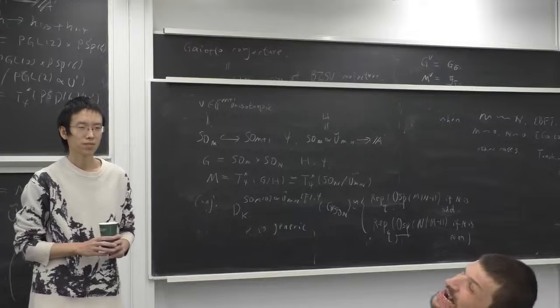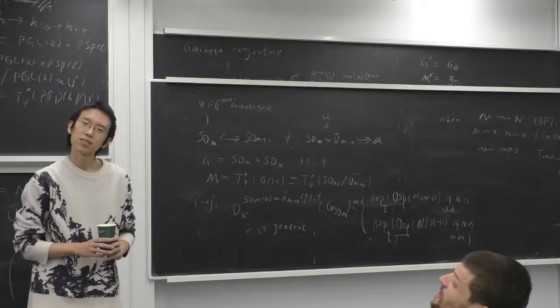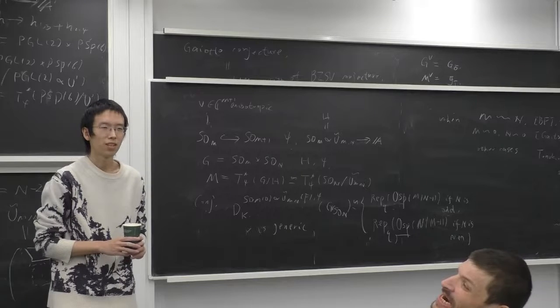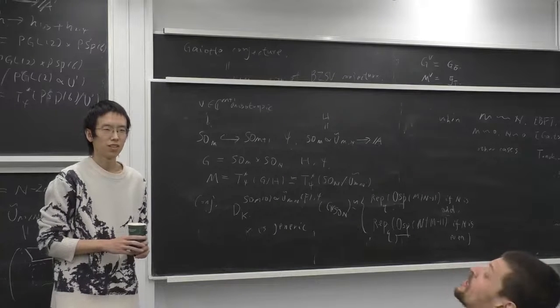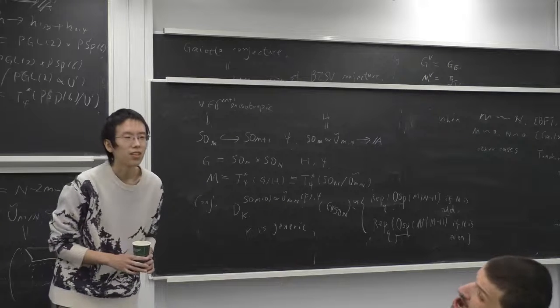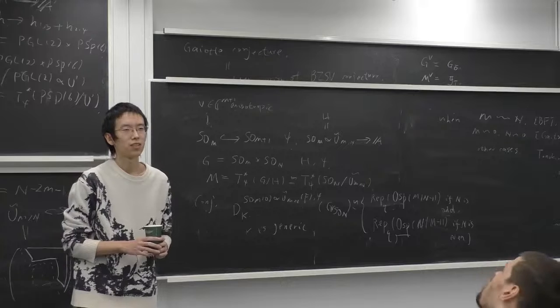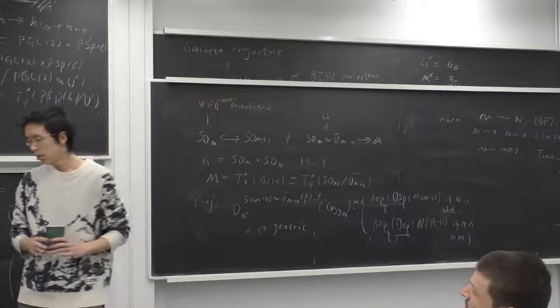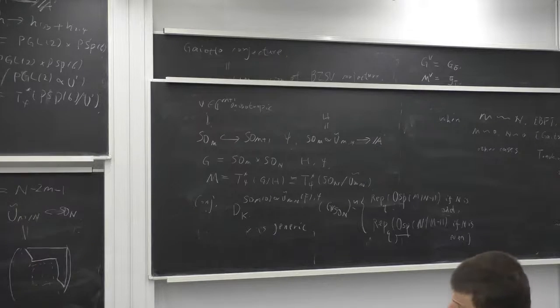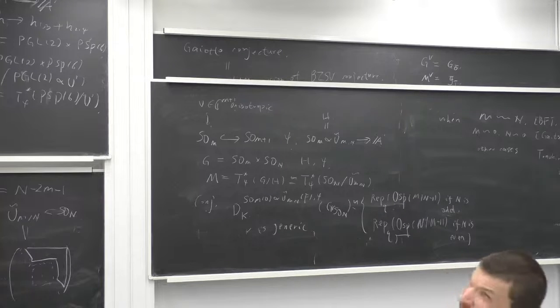So what is this E_n, for what n? E2. Even in Ben-Zvi-Sakellaridis-Venkatesh, this is only E2.